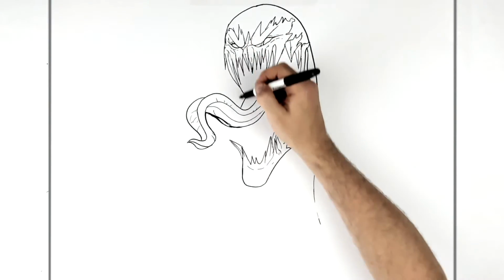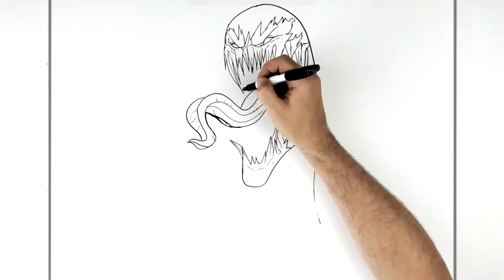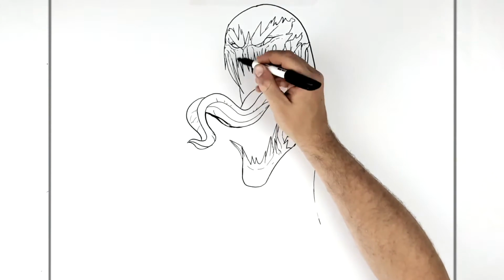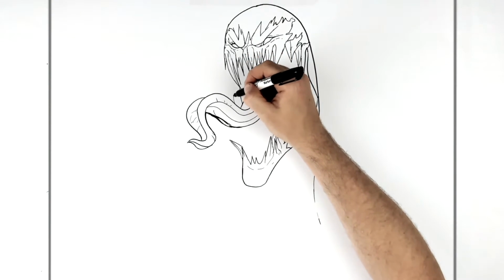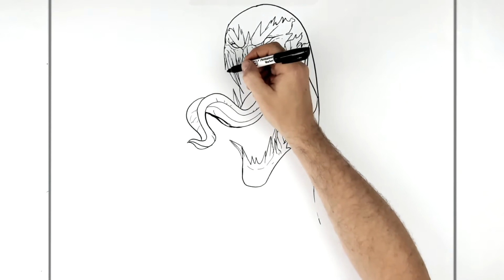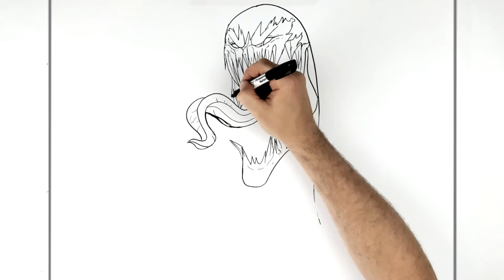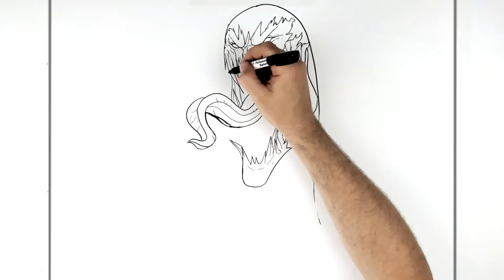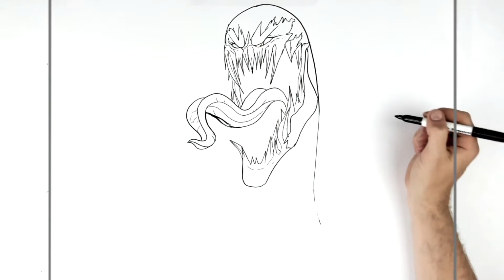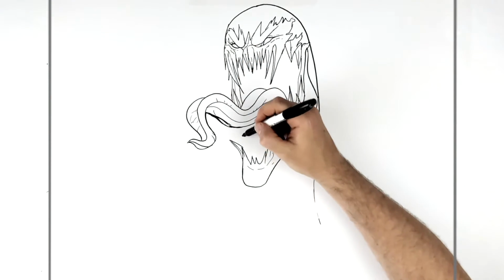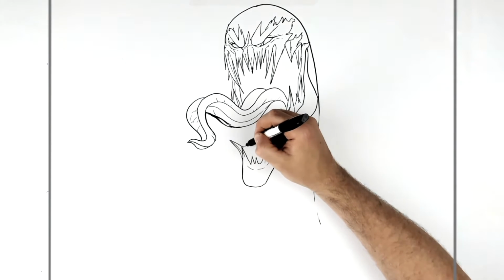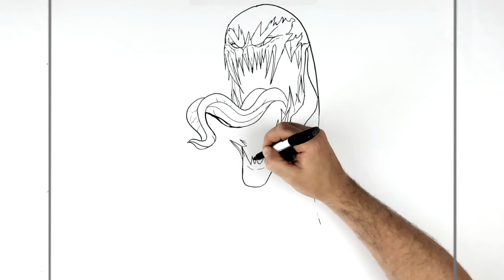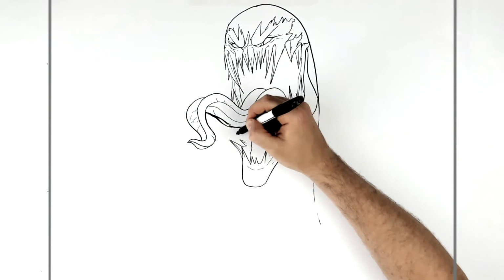So the side of his mouth on this side, we can just see it behind the tongue. So it goes down here. And on his jaw, there's another tooth here. And then his jaw goes here. Another spike here. And then another couple of teeth on the inside of his mouth here.